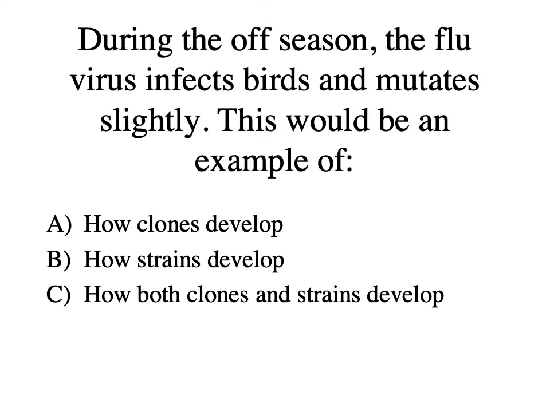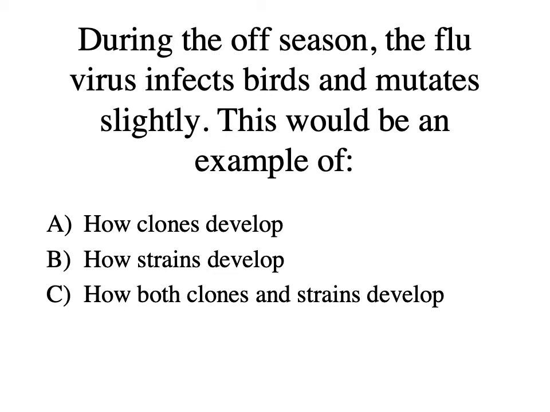During the off-season, the flu virus infects birds and mutates slightly. This would be an example of A, how clones develop, B, how strains develop, C, how both clones and strains develop. Well, it can't be A because a clone is an identical copy.